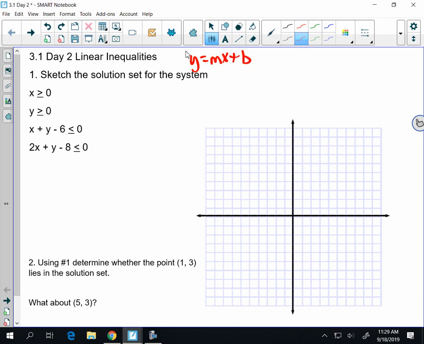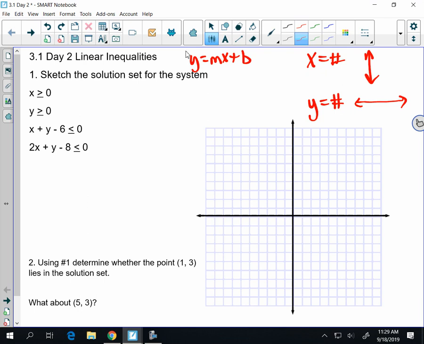The first two, x is greater than or equal to 0, y is greater than or equal to 0. Those are just vertical and horizontal lines, right? X equals a number is always going to be a vertical line through that number, and y equals a number is always going to be a horizontal line, because this one has undefined slope and this one has 0 slope.